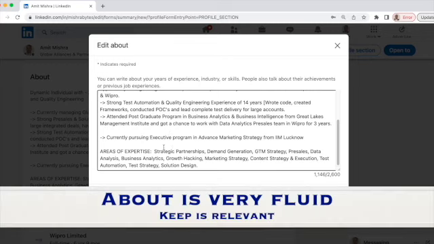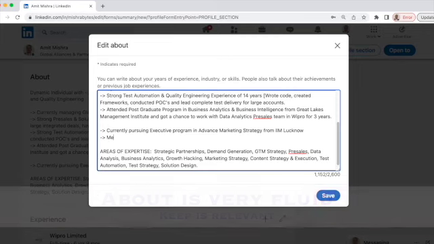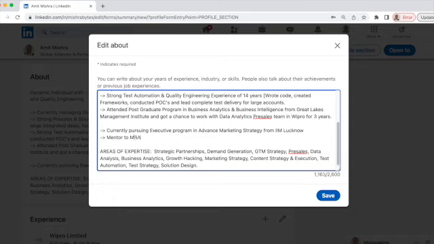So when LinkedIn searches for a profile, through its algorithm, it picks up your skills, your recent job, and the kind of introduction you have put on your profile. From a recruiter's point of view, it is important that the person has worked on those skills and areas and is also aspiring to work in the same area, else your profile may not be highlighted in the search and it may not get the visibility you are looking for.